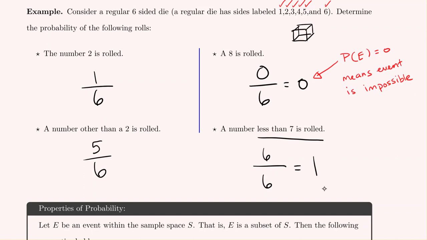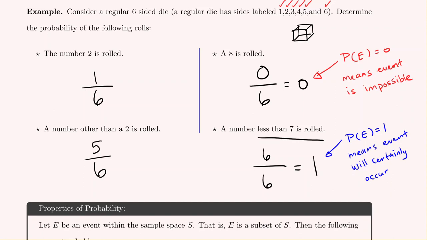Likewise, if we ever have a probability of 1 in an event, that means the event will certainly occur. So keep in mind, if there's a probability that's 0, it means the event is impossible. If the probability is 1, the event is certain. And then between 0 and 1 are all the various other probabilities.